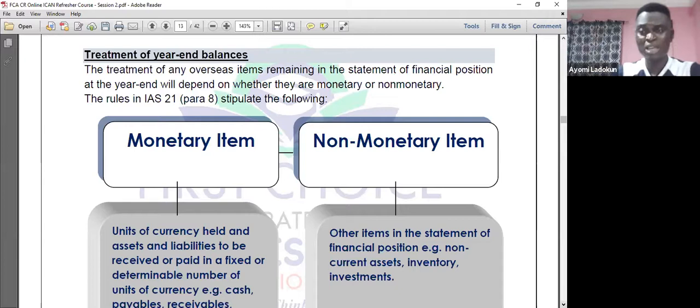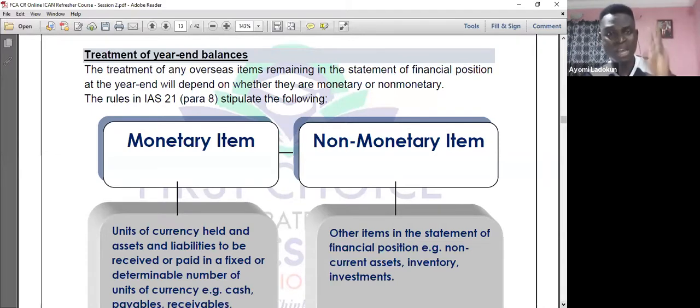Now listen up. At the year end, I must ask myself, is it a monetary item or a non-monetary item? When I'm preparing my financial statements, for all outstanding balances at the year end in foreign transactions, are they monetary or non-monetary items? What is a monetary item?